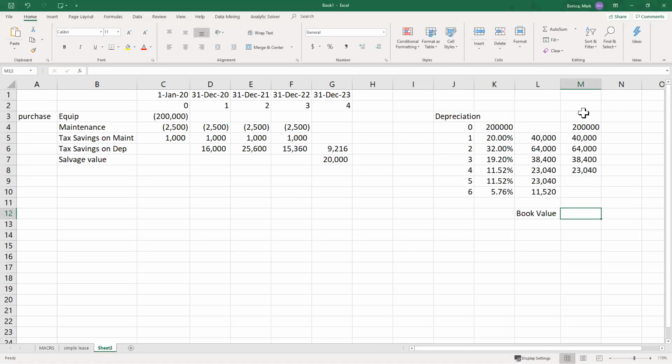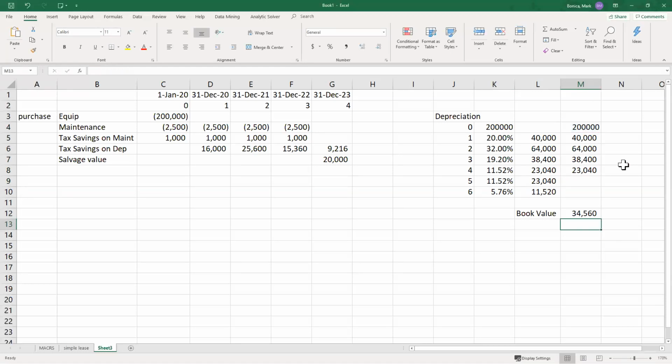So our book value is going to be the purchase price, right? If we were doing this on a balance sheet, remember our balance sheet from way back in chapter 4, we'd have gross PPE, which is the original purchase price of $200,000. And then we would have accumulated depreciation, which is what I'm doing here, right? This is all the depreciation we've taken. So we'd have 200,000 minus whatever accumulated depreciation we'd have.